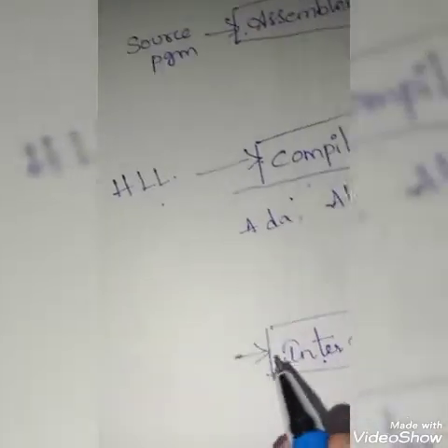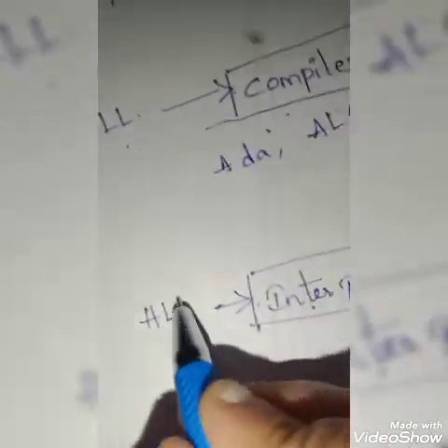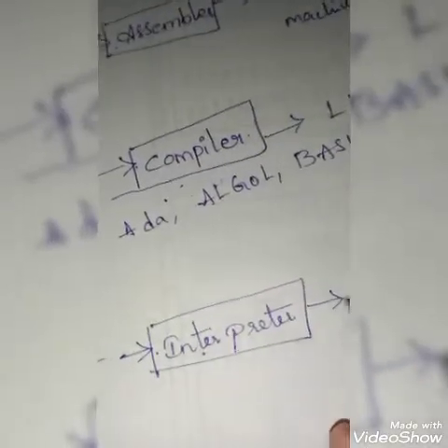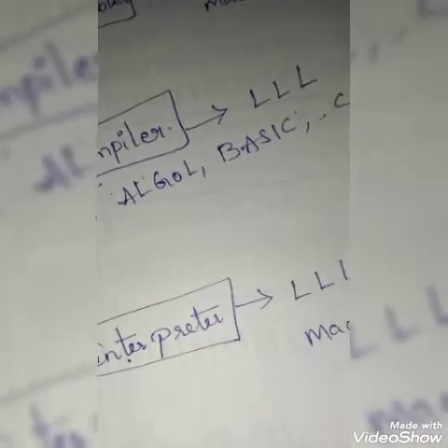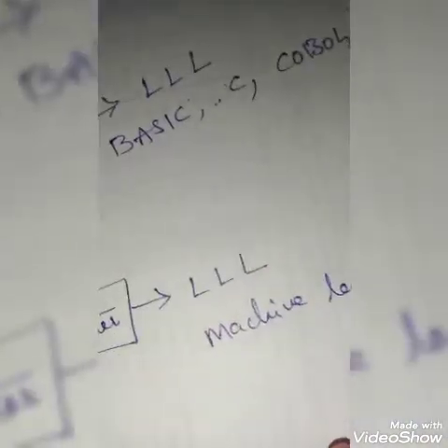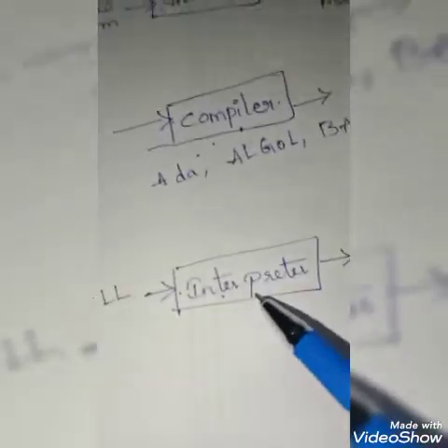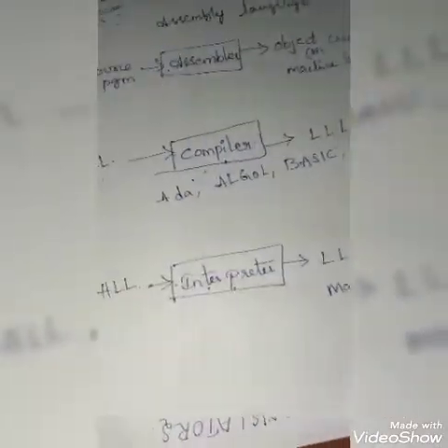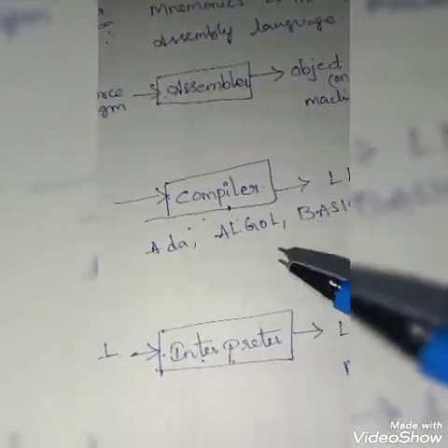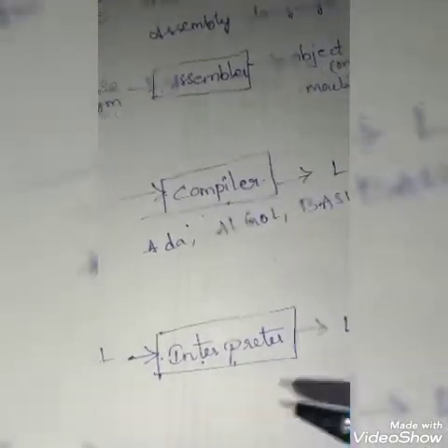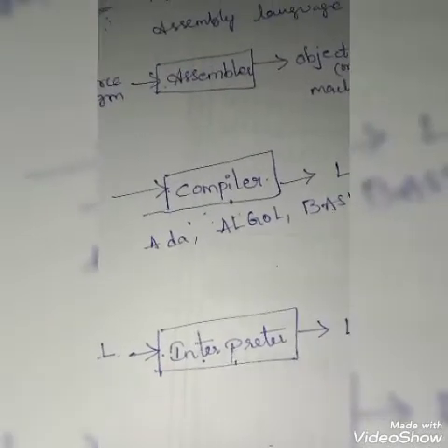The interpreter also takes high level language as input and gives low level language as output, which is also termed machine level language. So both compiler as well as interpreter translate the high level language into low level language. There are some differences between the compiler and interpreter that I'll be telling you in the next video.